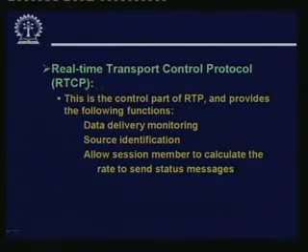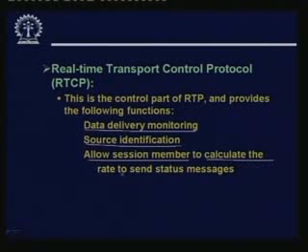And the RTCP control protocol is the control part of the protocol. It provides the following functions. It monitors whether data are delivered correctly or not. It identifies the source of the packets. It allows the members that are involved in a session to calculate the rate to send status messages.